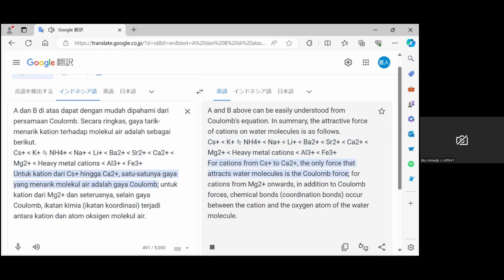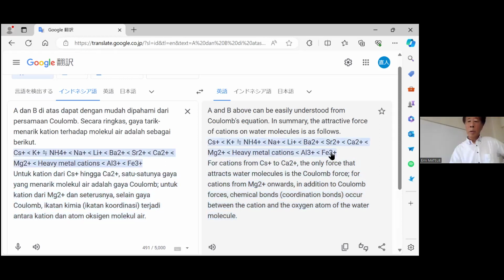the only force that attracts water molecules is the Coulomb force. For cations from Mg2+ onwards, in addition to Coulomb forces, chemical bonds, coordination bonds, occur between the cation and the oxygen atom of the water molecule.